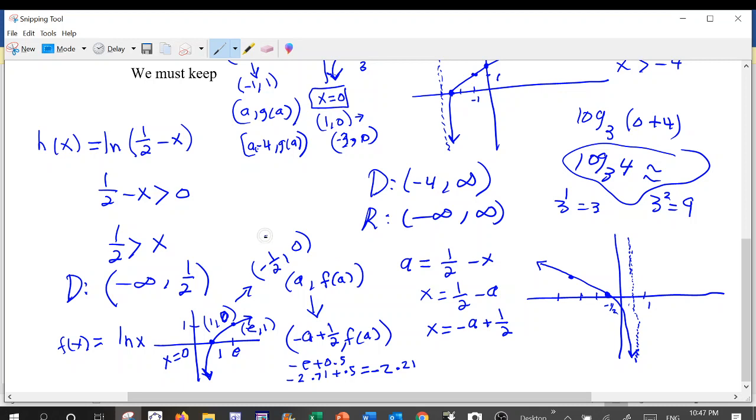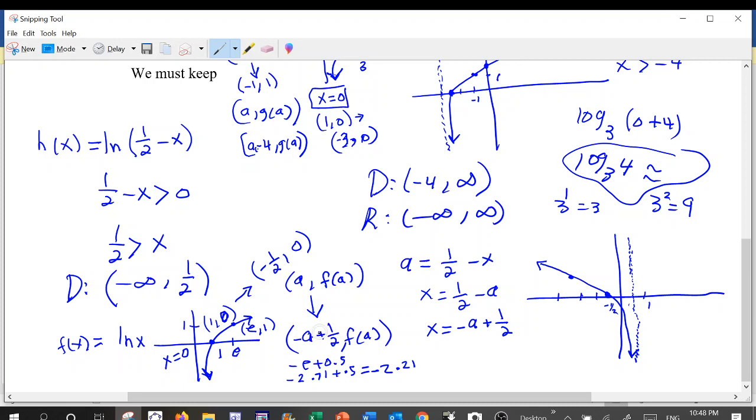So you can think of it as reflecting it over the y-axis, and then moving it to the right 1/2, since you're adding.